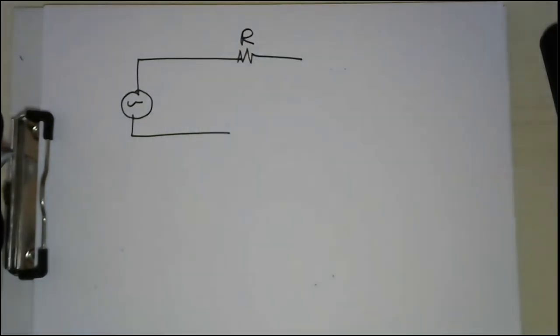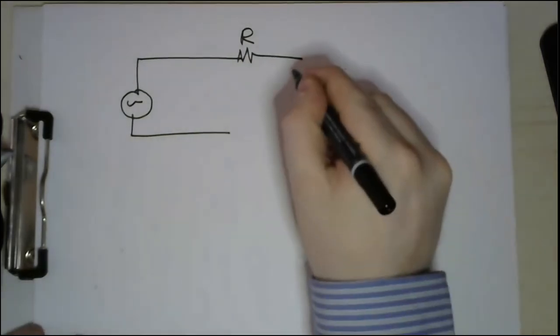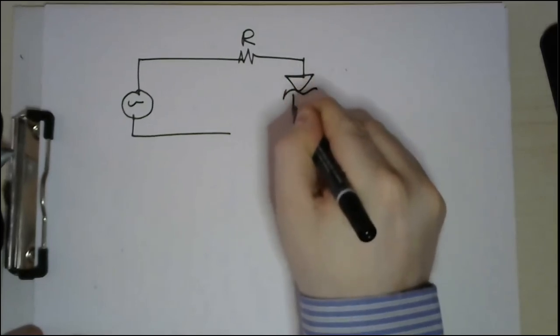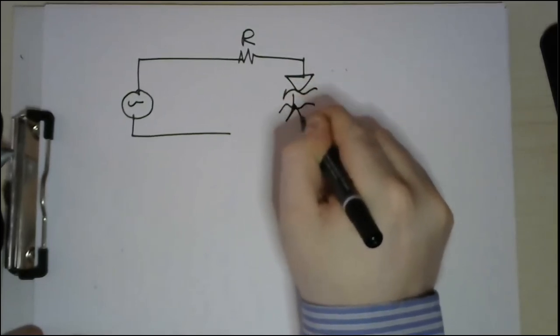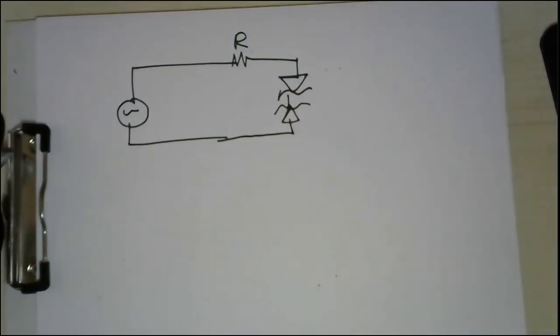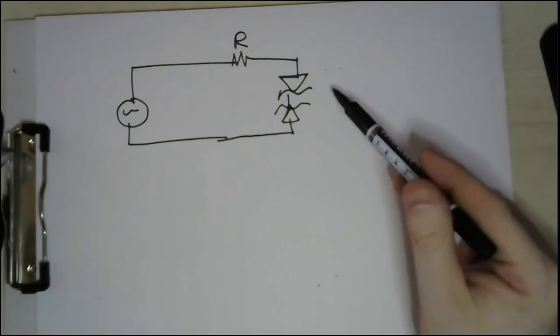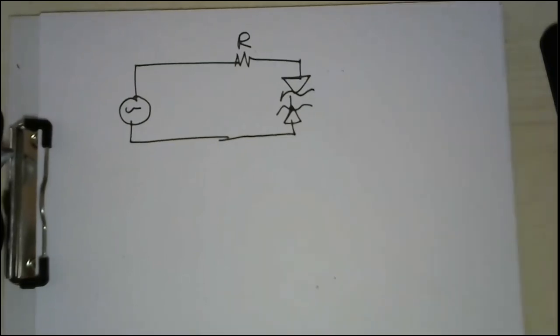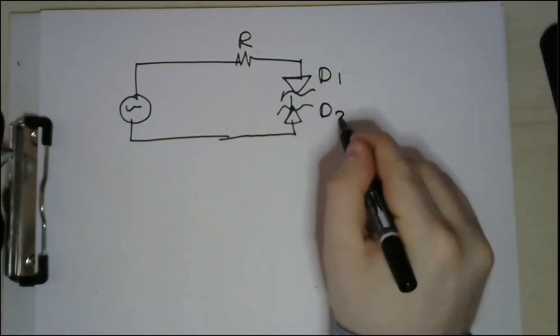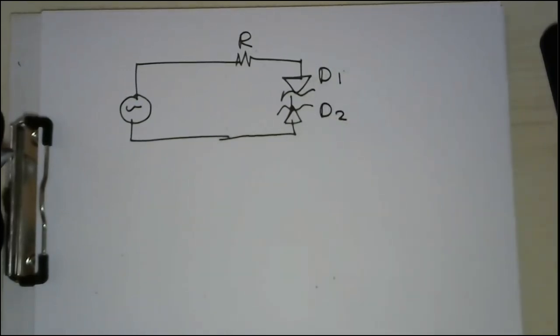This is typically the same as the first example, but now we have two Zener diodes connected in this manner, face to face, as you can see here. Let's call this D1 and let's call this D2.